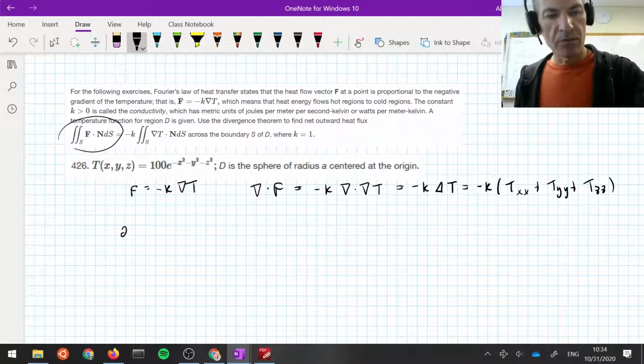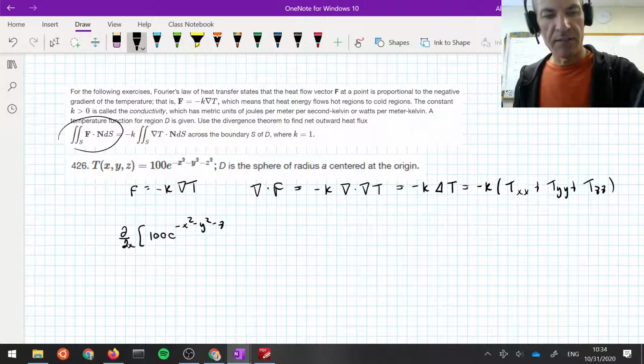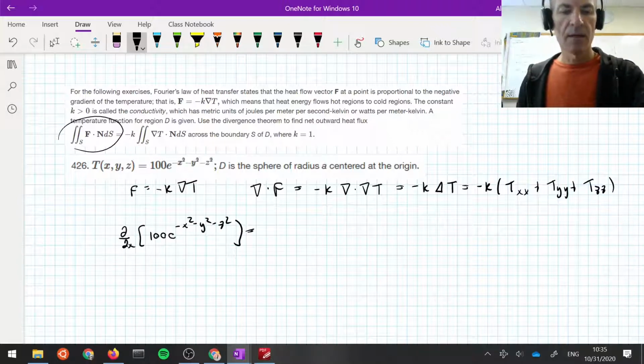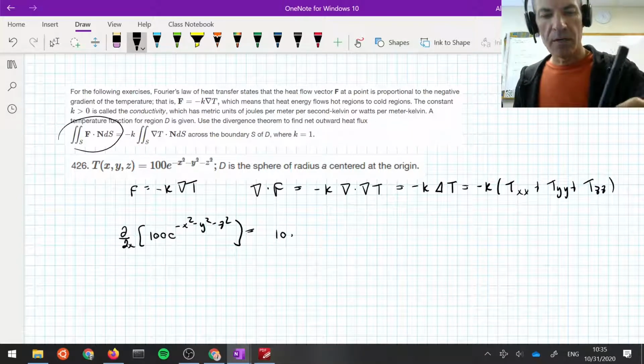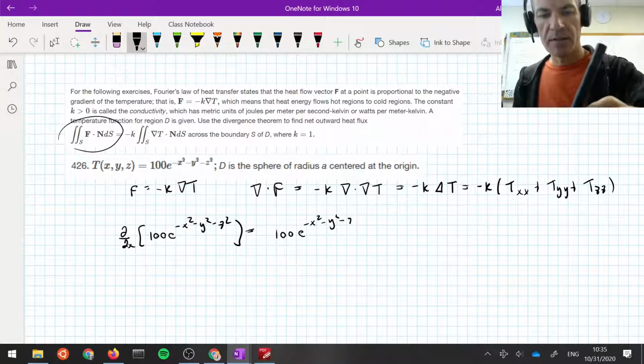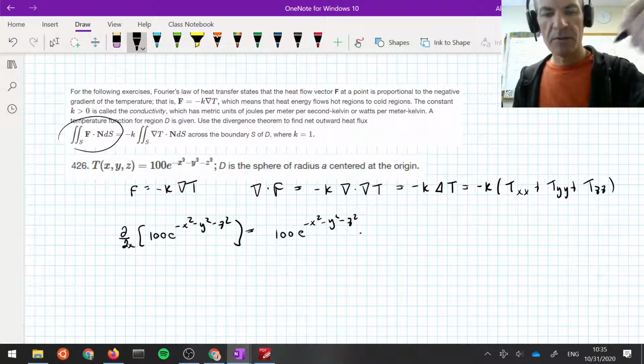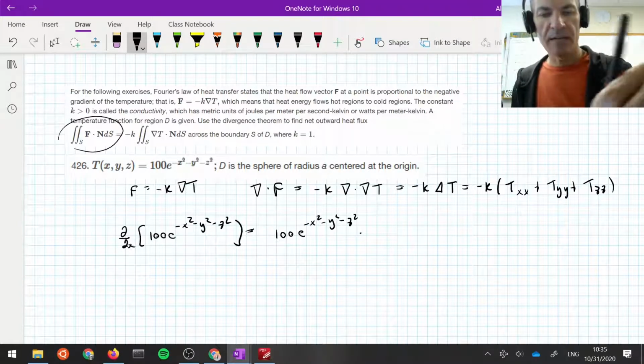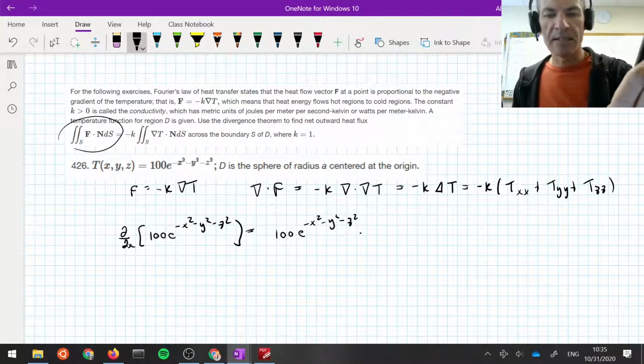So let's look at the first partial with respect to x of 100 e to the minus x squared minus y squared minus z squared. That's going to be 100 e to the minus x squared minus y squared minus z squared times the derivative of what's up there in the exponent with respect to x.